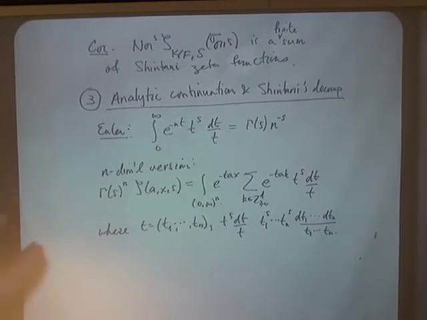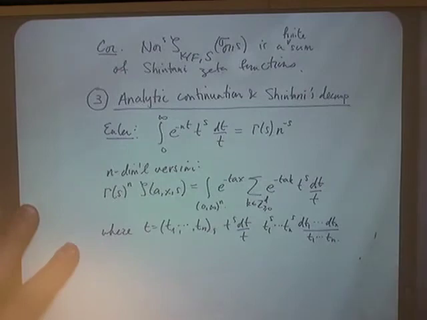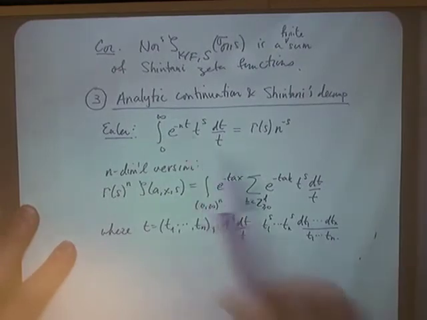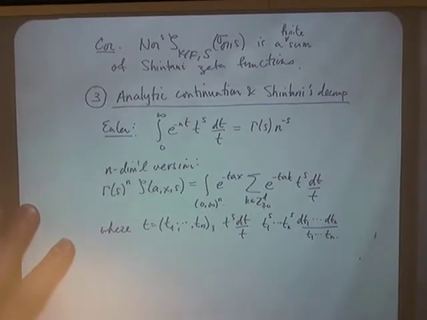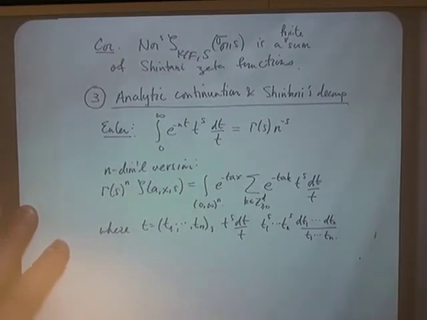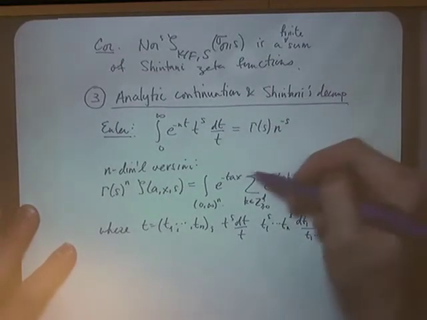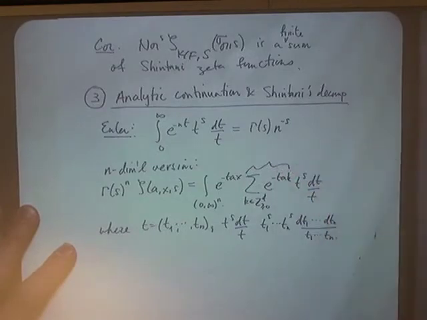Okay, so that's what you get by applying the exact same Eulerian integral, this time n times, once with respect to each variable ti. And in the original version, for the Riemann zeta function, you end up with a geometric series. Here, what you actually end up with is a product of d geometric series.